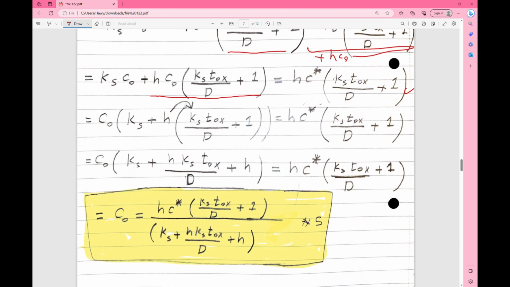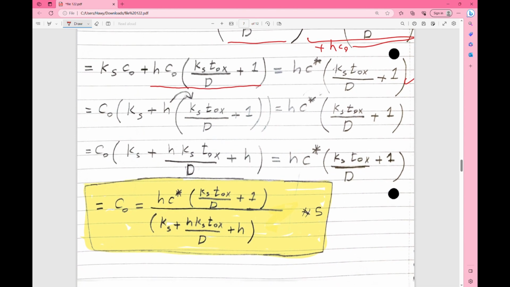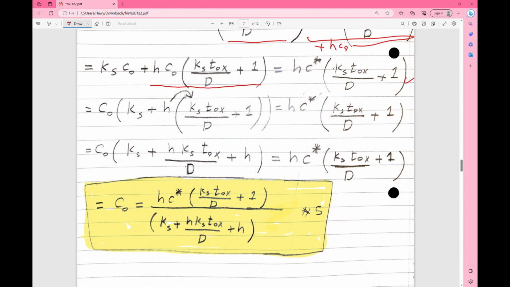Here we take C naught outside, as you see here and here, and we put H multiplied inside the bracket.